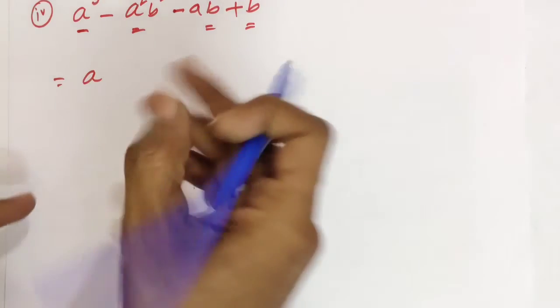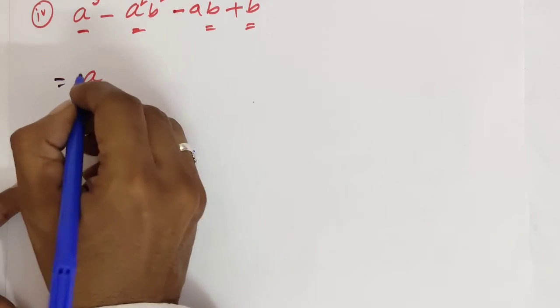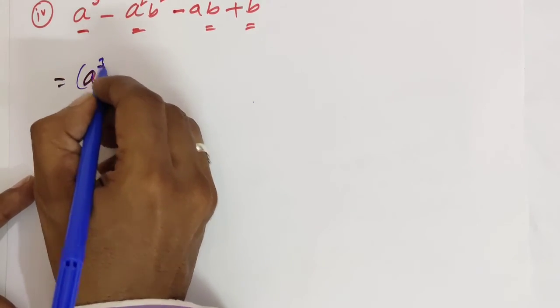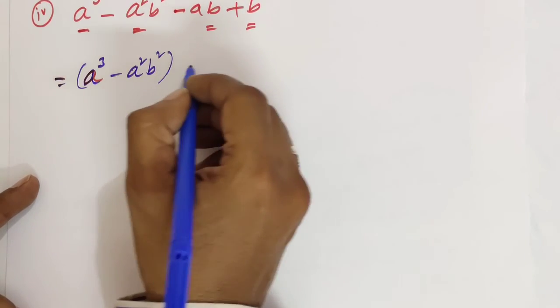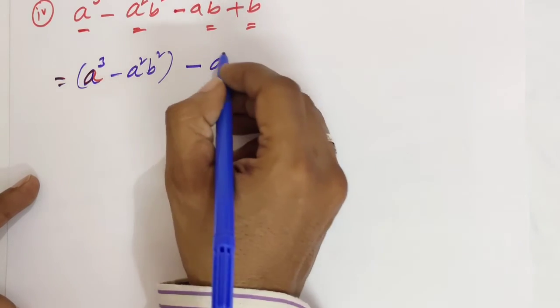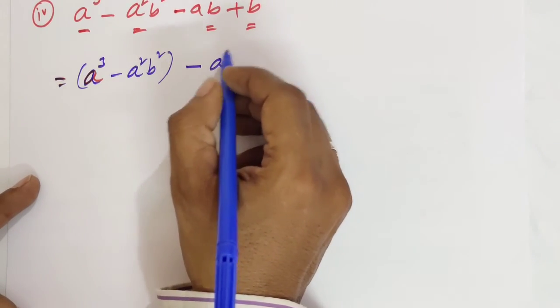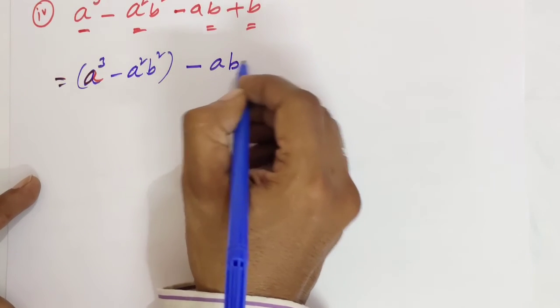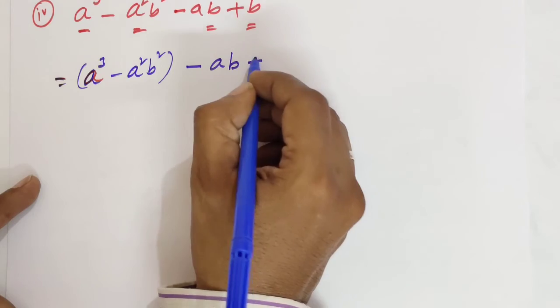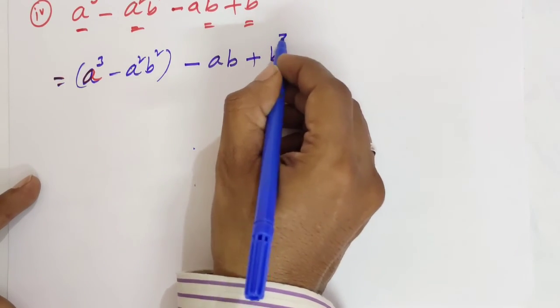Here select the first two terms as the first group, a cube minus a square b square, bracket close, and here minus, both of these we can take common minus also immediately, or otherwise do it later. So first of all select the grouping, so minus ab plus b cube.